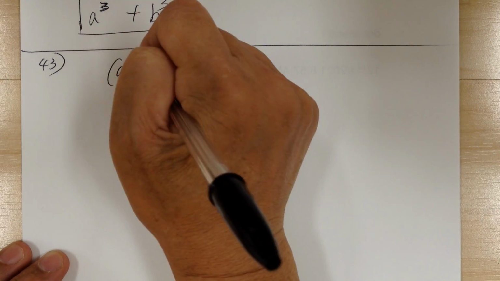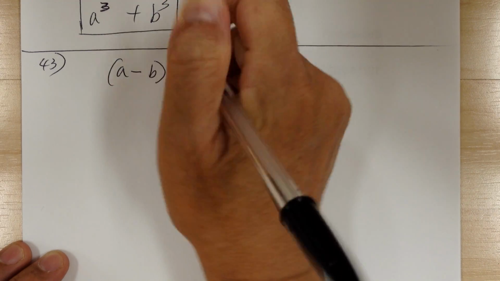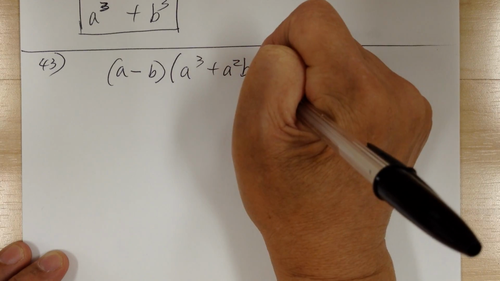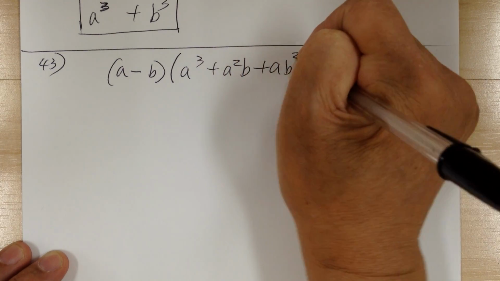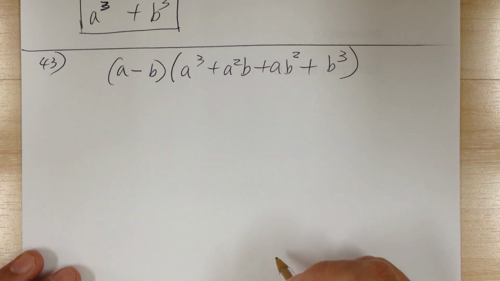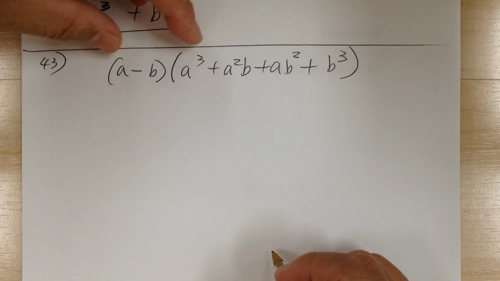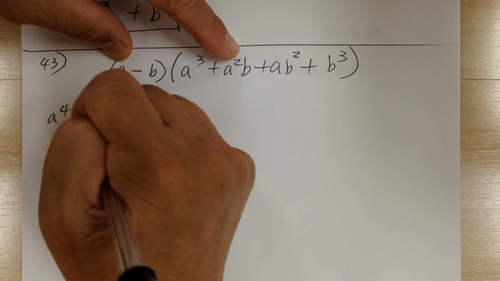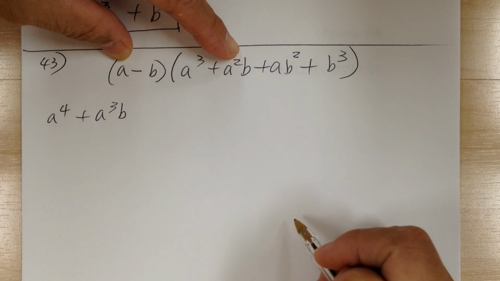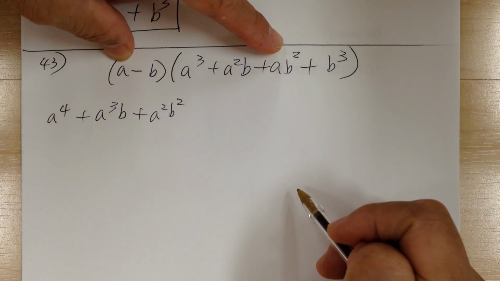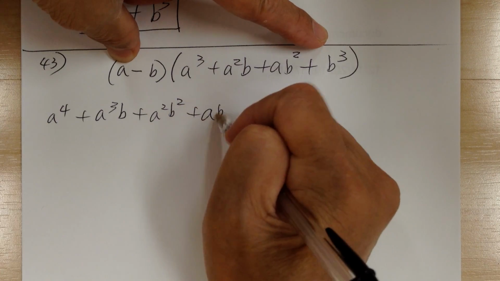Okay, you got a minus b times a cubed plus a squared b plus ab squared plus b cubed. Okay, so again, that's going to distribute. So this would be a to the 4 plus a to the 3b, plus a squared b squared plus ab cubed.